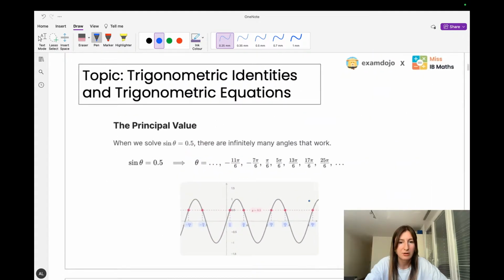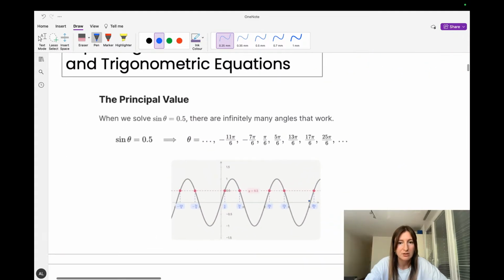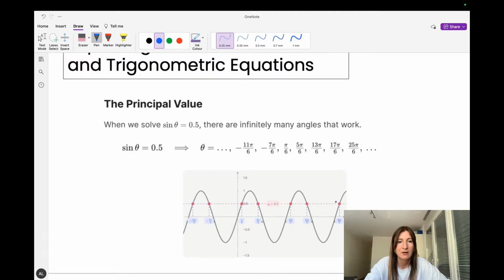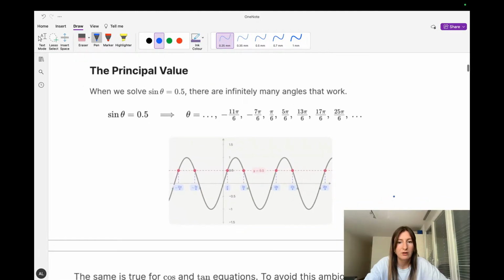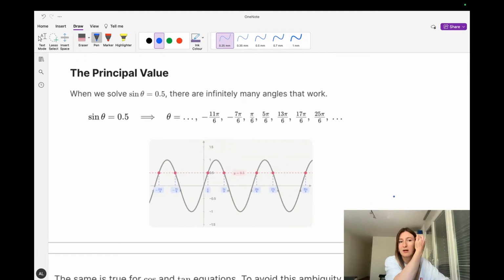So just a little bit of a recap before we get into some examples and exam questions. So we know by now that sine and cos and tan are going on forever and ever in both directions. So there are many solutions to questions. For example, sine theta equals 0.5 is saying, where does the sine graph, this curve over here, equal 0.5, which is this line going across like that?